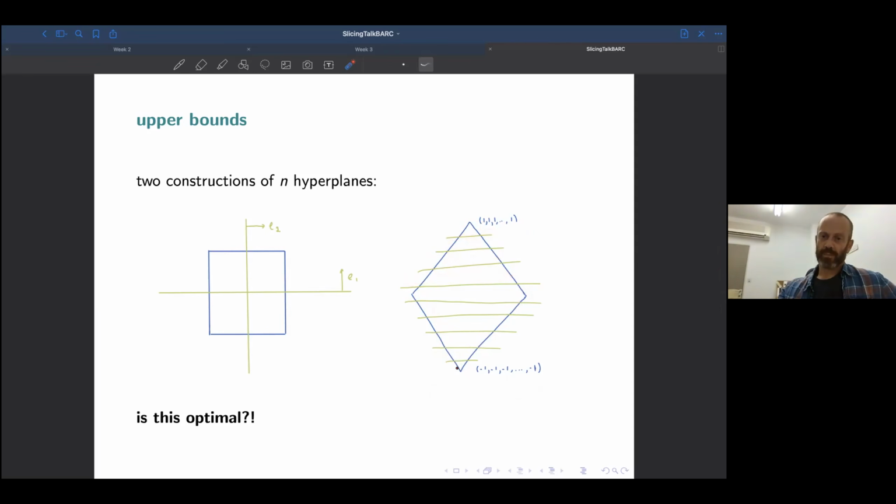So these n hyperplanes slice all edges of the hypercube. And you see that there are two very, very different constructions, both natural. The first question that comes to mind is: here this is n, and here this is also n, so maybe n is the truth, maybe n is the correct answer to this question.